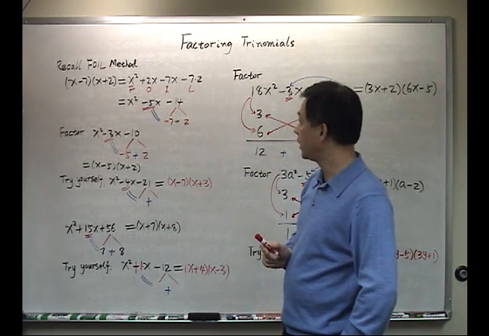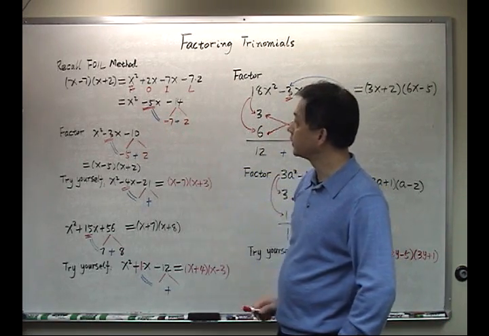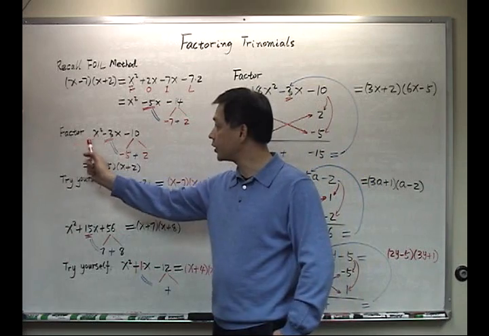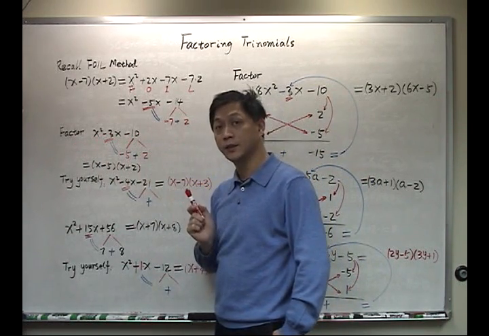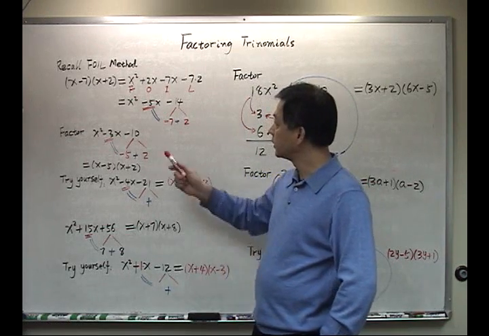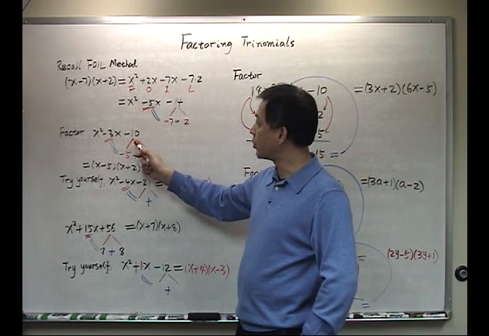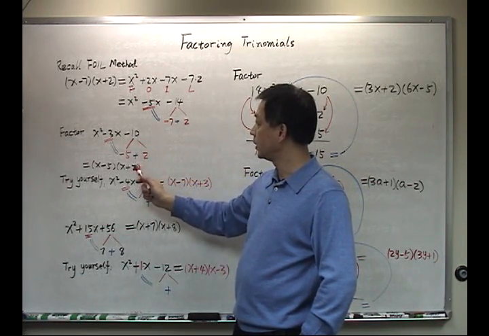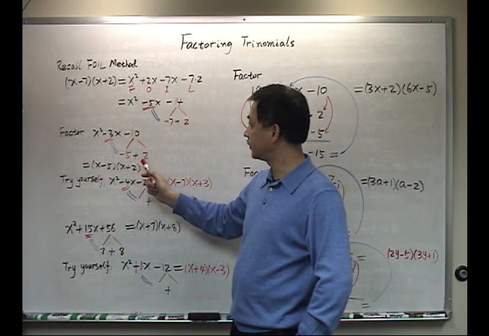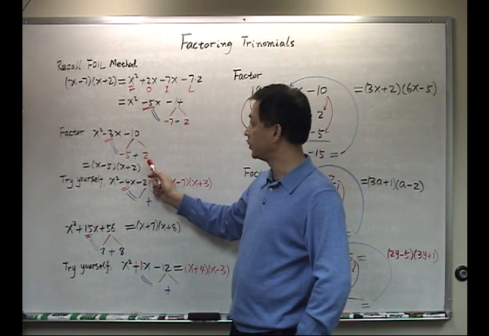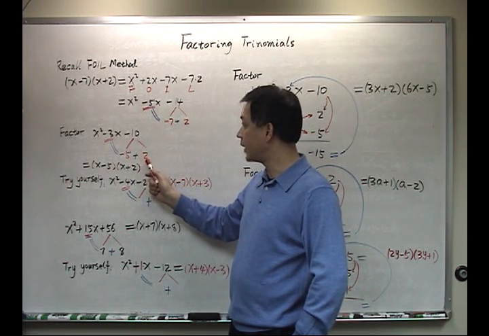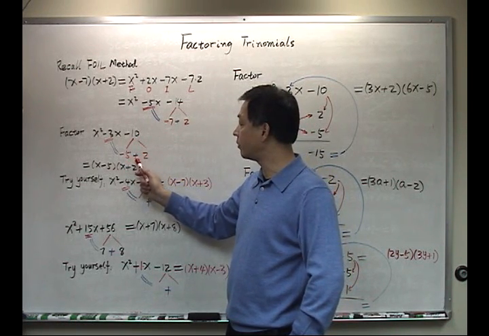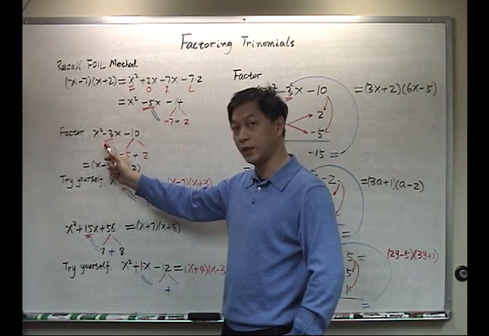Now, with this in mind, we want to factor x squared minus 3x minus 10. We know negative 10 can be broken up into negative 5 times 2, because 2 times negative 5 is negative 10. And you add together negative 5 plus 2, you have negative 3.